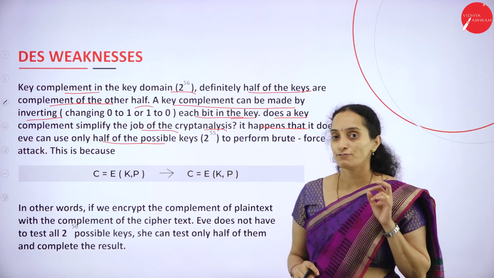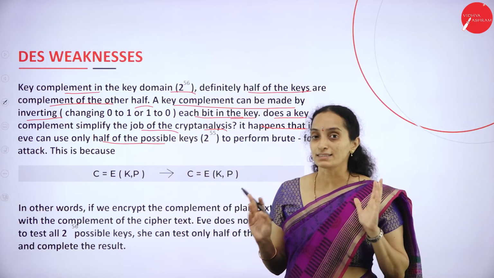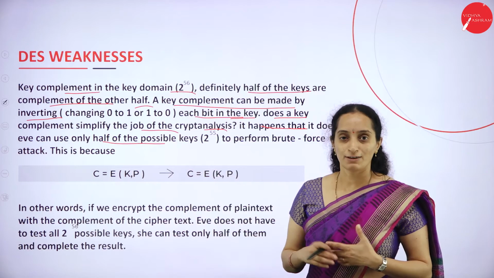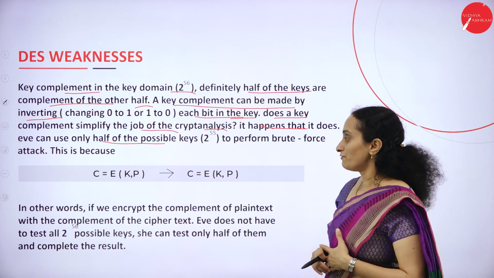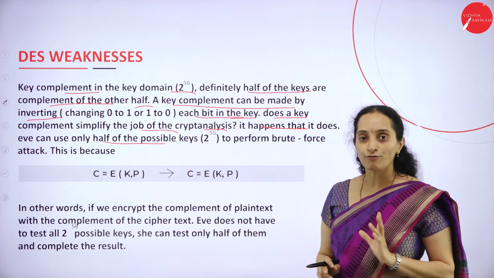2 to the power of 55 keys, because the first and last keys cannot be used as the key for ciphering. So we have possible key sets of 2 to the power of 56.